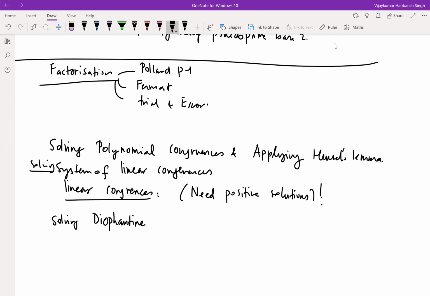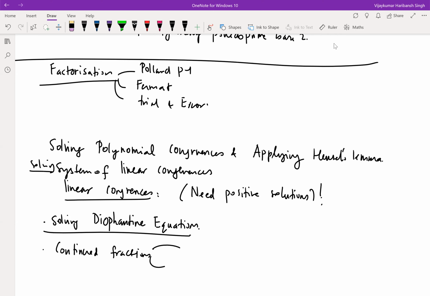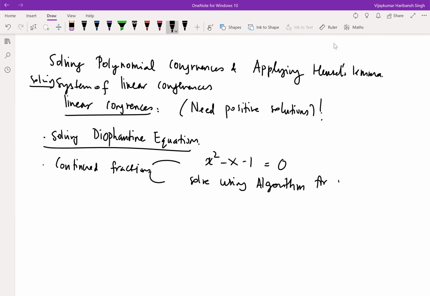So linear Diophantine equations, essentially, which is solving linear congruences, right? Then you have continued fractions. So you could be asked, for example, remember we had this problem where either you could be asked to find a certain quadratic equation, have certain nice linear congruences, right? Or solve using the algorithm for irrationals.